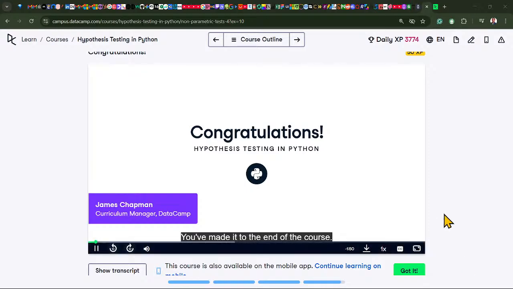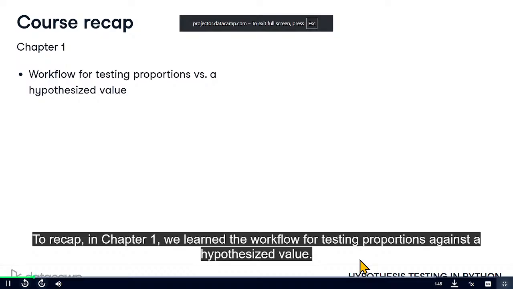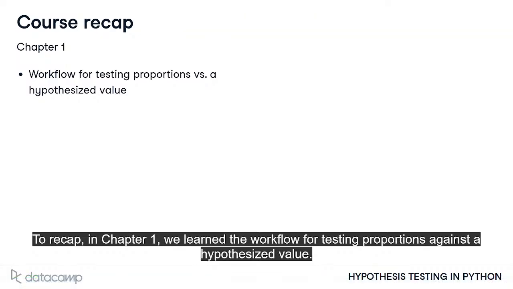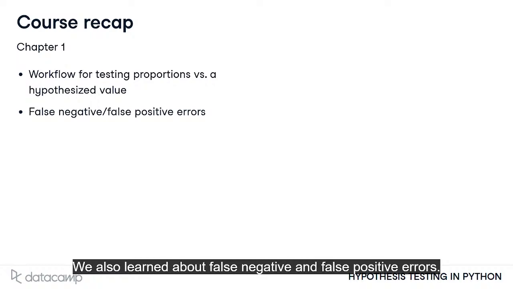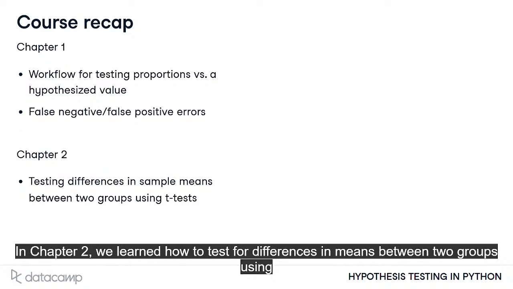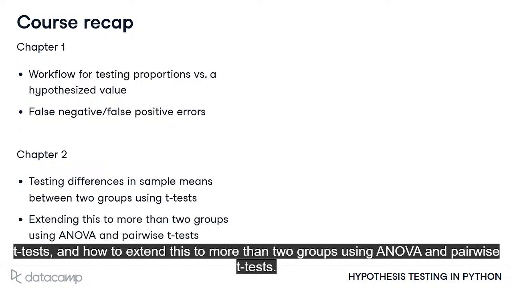Well done. You've made it to the end of the course. To recap, in Chapter 1, we learned the workflow for testing proportions against a hypothesized value. We calculated the observed statistic and a z-score, then transformed the z-score to get a p-value. We also learned about false negative and false positive errors. In Chapter 2, we learned how to test for differences in means between 2 groups using t-tests, and how to extend this to more than 2 groups using ANOVA and pairwise t-tests.